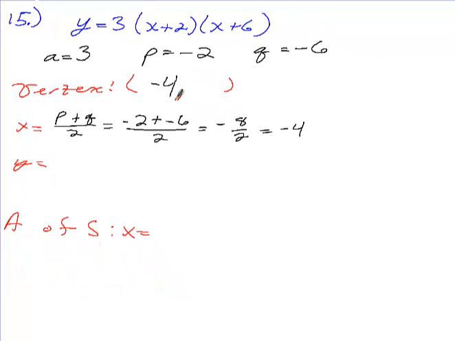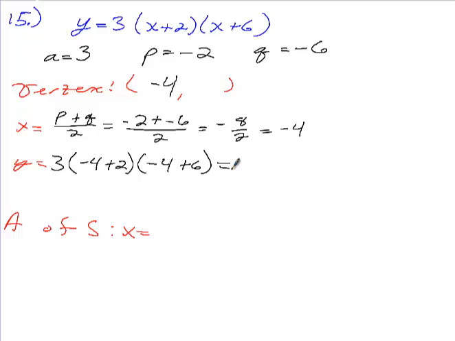All right. So in order to find my y-coordinate, I take the x and I plug it back into the equation, right? But how many x's do I have in my equation here? 2. So how many times am I substituting? 2. So take your statement just as it looks, but wherever I see x, replace it with what? Negative 4. So I get negative 4 plus 2 in the first set of parentheses, negative 4 plus 6 in the second set of parentheses.